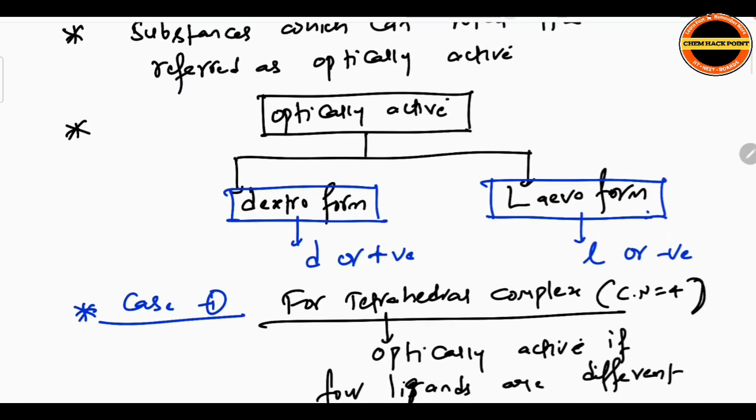Such isomers are of two types, dextroform as well as levoform. Dextroform we represent as D or positive, levoform as L or negative. Dextroform rotates PPL, plane polarized light, towards the right or clockwise.